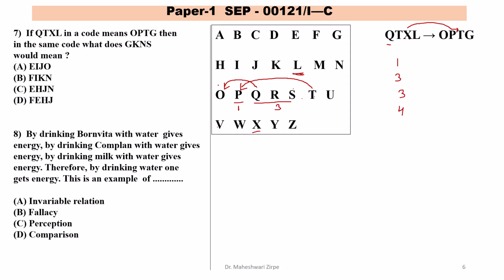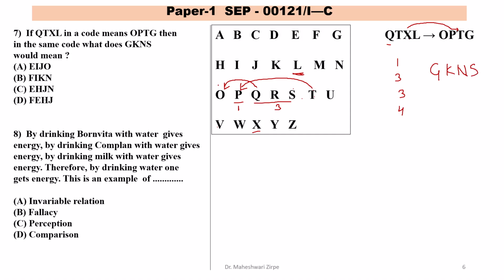Now in the same fashion we have to find for the options G, K, N, S. So one by one let us see. G is the first letter.